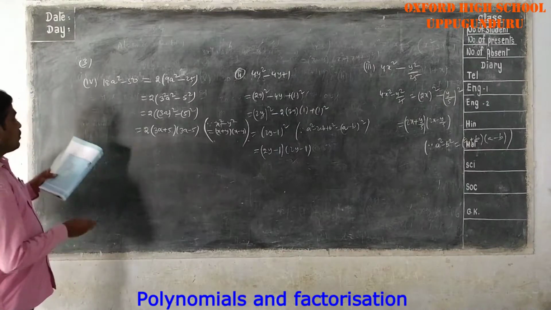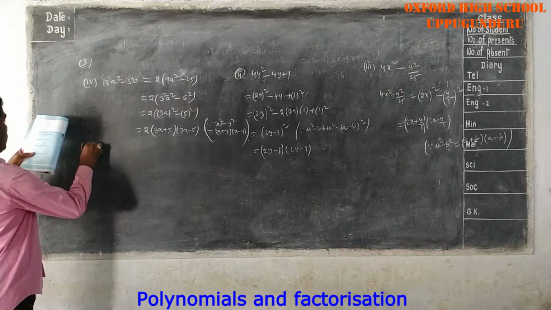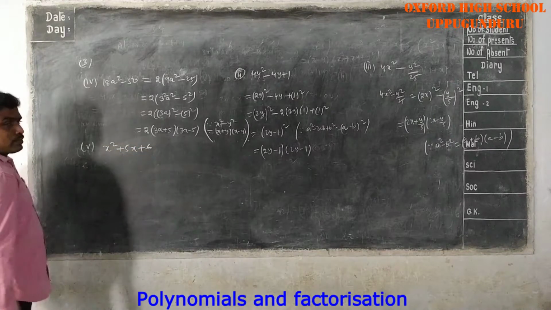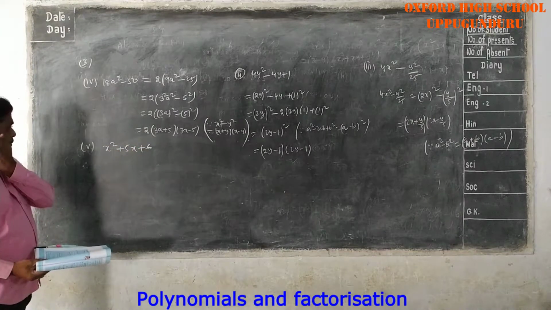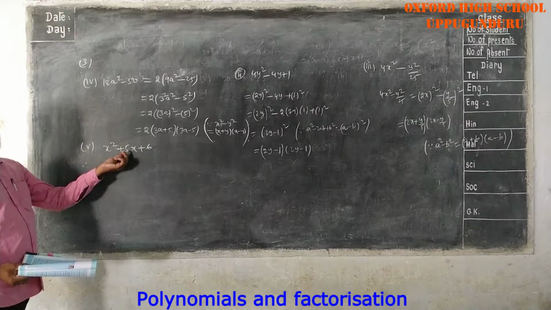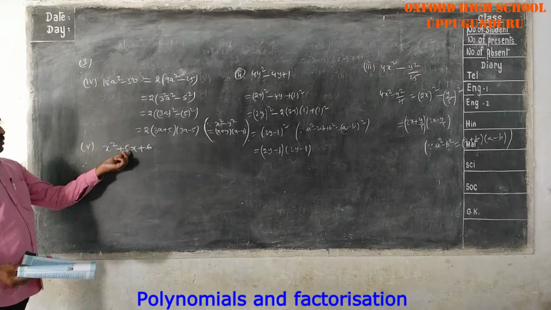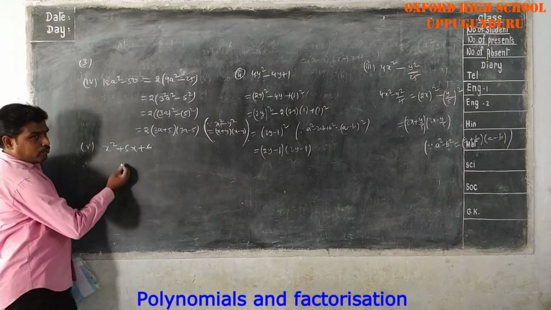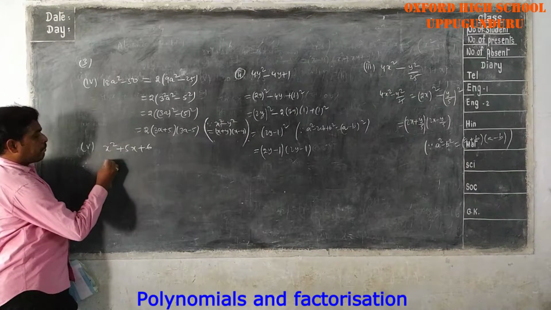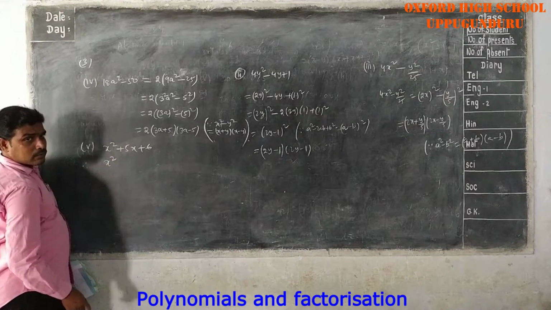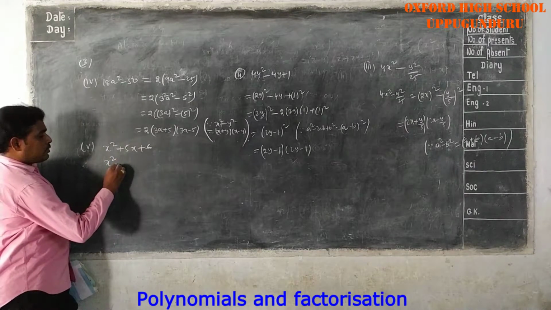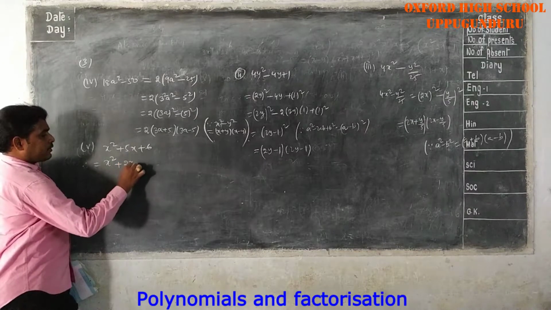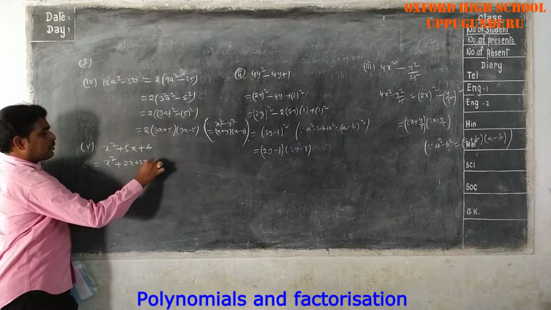Next, fifth one, x square plus 5x plus 6. To factorize this, you have to split the middle term. Otherwise, if you know the formula, you can write this as x square plus 2x plus 3x plus 6.